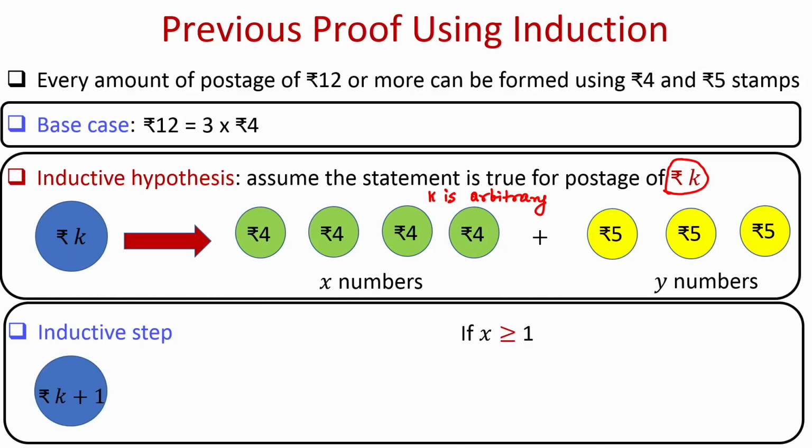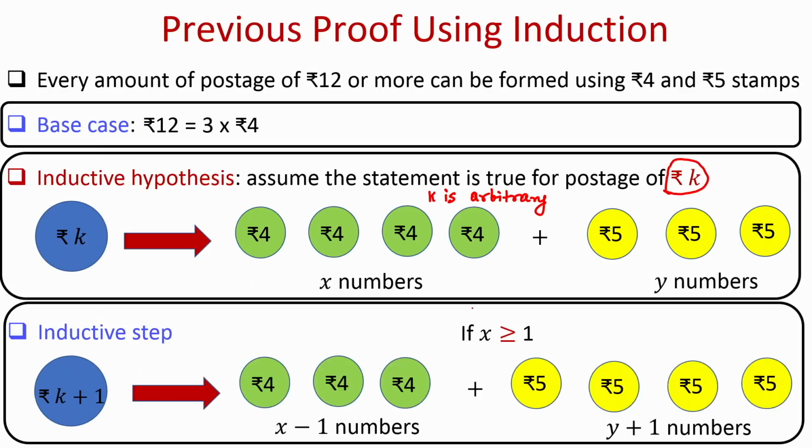Now, in proving the inductive step, I take 2 possible cases depending upon whether x is 0 or non-zero. If x is non-zero, that means at least one 4 rupee stamp was used to represent my postage of rupee k.